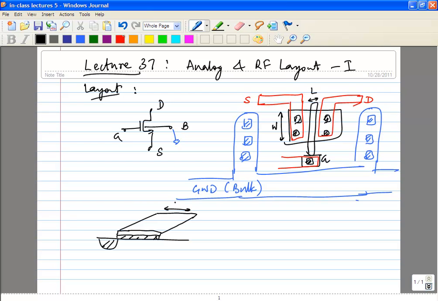So again, this is your length, that's your gate. Let's say one of these is your drain, the other is your source, and you have your bulk here. So your drain and source go like that, and this is where these contacts go in here.